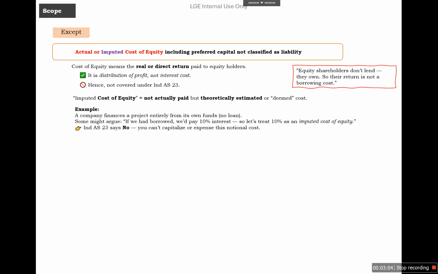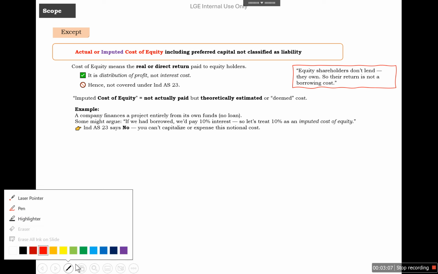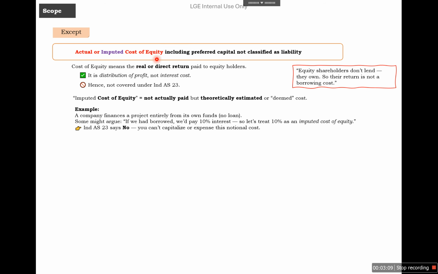So here in the exclusion clause, Ind AS specifically says that imputed cost of equity is out of the scope of Ind AS 23. It says that you cannot capitalize or expense this because it is a notional cost. So you cannot record a cost just because you could have borrowed. Accounting deals with the real cost, not the imagined one. And borrowing cost applies only to the liability, not the equity. Dividend or expected return on equity is not a borrowing cost.